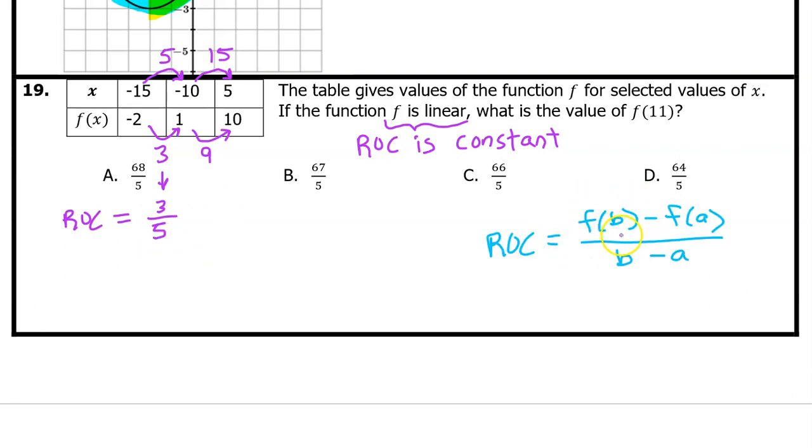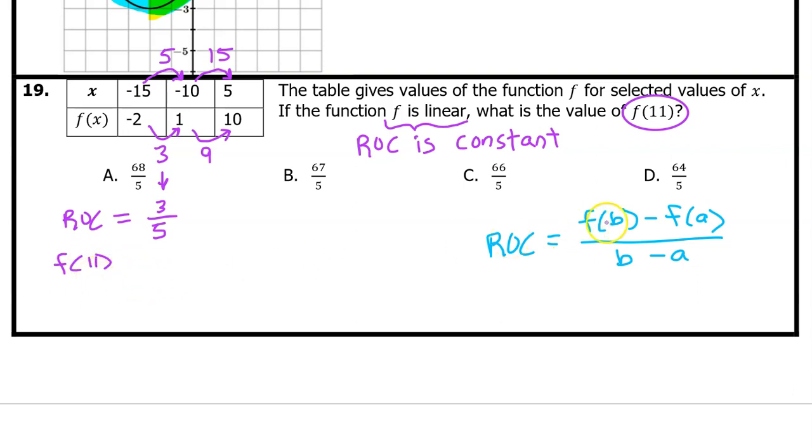Here is the rate of change formula with which we are familiar. It's basically y minus y over x minus x. We can begin to set up the rate of change formula starting with this value that we're looking for. So instead of f at b, I'm going to put f at 11.